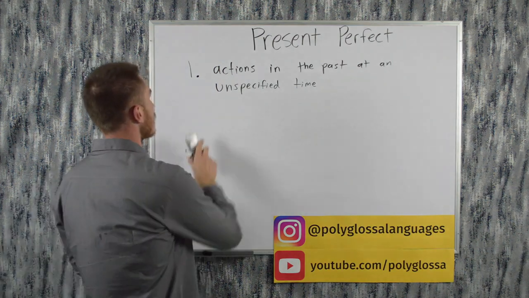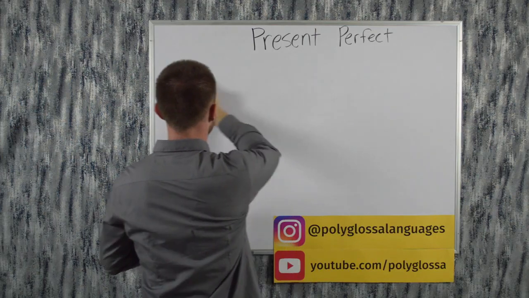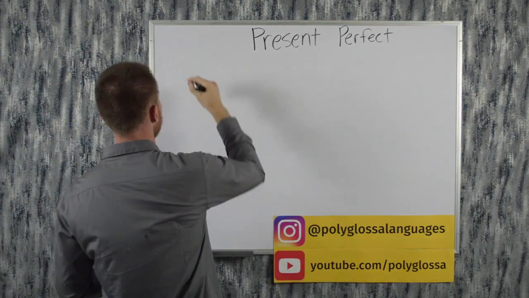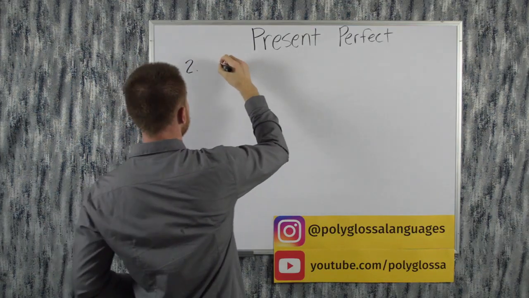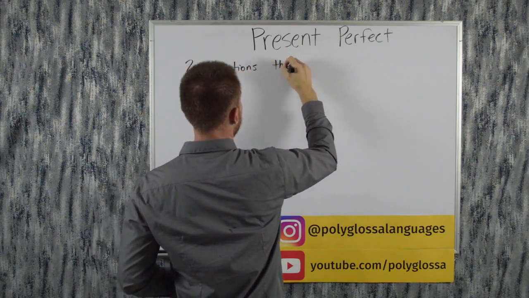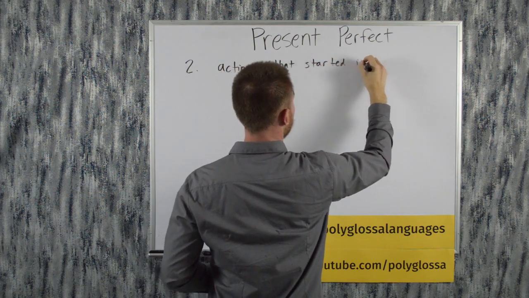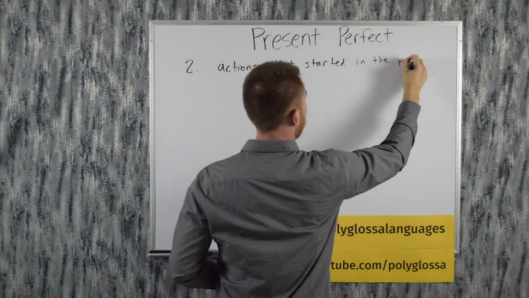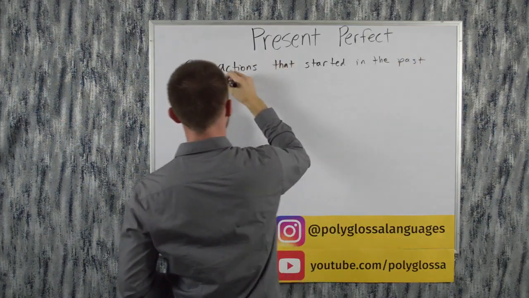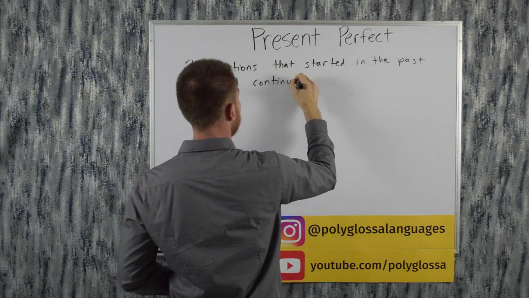So now let's look at our second usage of the present perfect, okay? So we're on number 2 now. The second usage is to talk about actions that started in the past and continue until now.